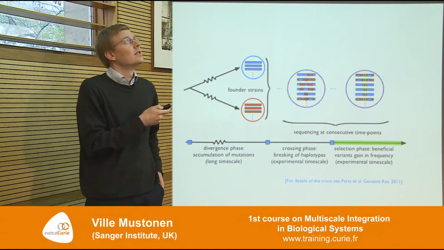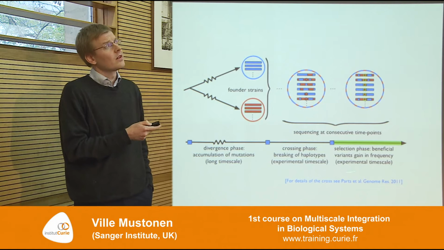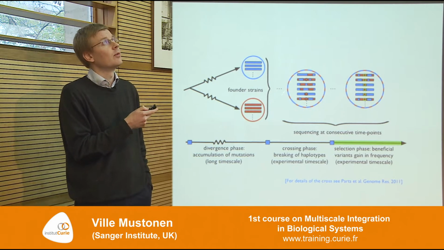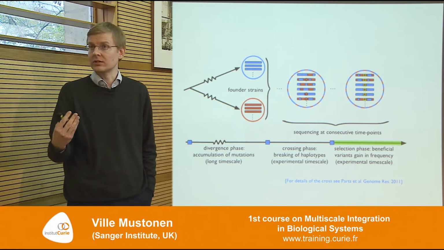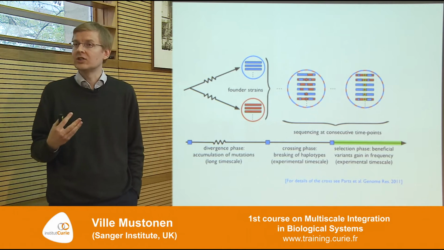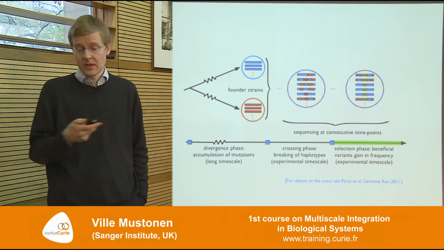And that's actually very important here, because then the next step is you want to select for something. You expose this population to some pressure, your favorite pressure. In this context, we want to know how cancer drugs affect the population, what kind of variants will help these yeast cells to survive.